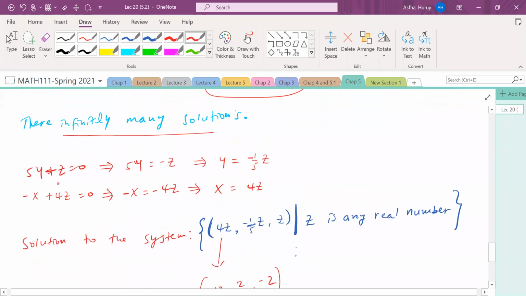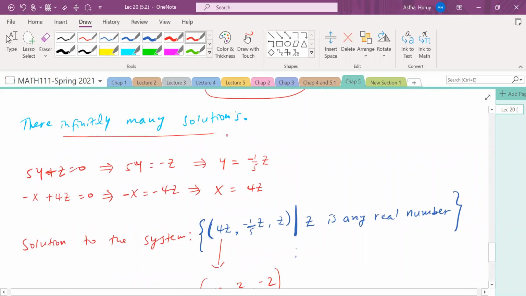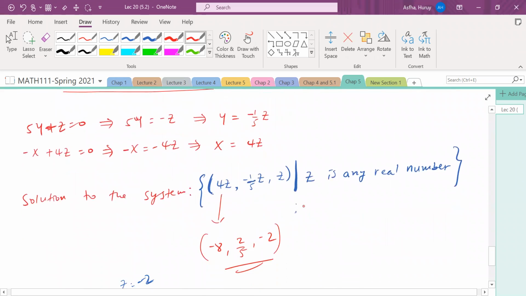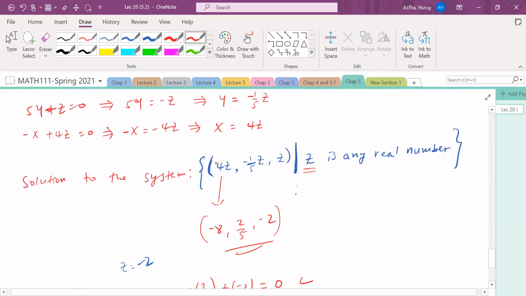And now, if we know that there are infinitely many solutions, we can write the solution as a function of one of the variables. It doesn't have to be z, it could be x, it could be y, but in this case I just chose z. So you pick any value for z and solve for x and y, and then you will have a triple of numbers, and that will be the solution to the system.